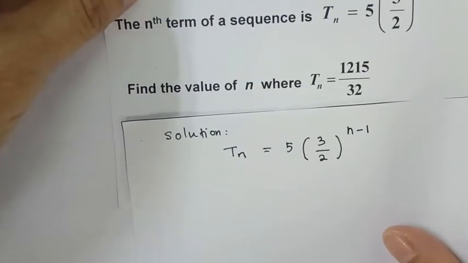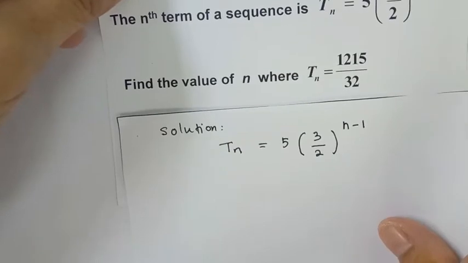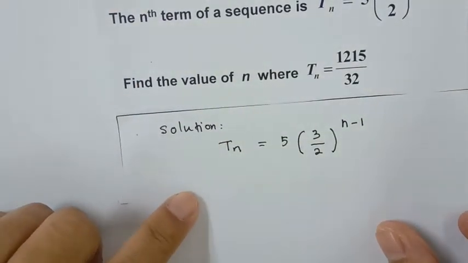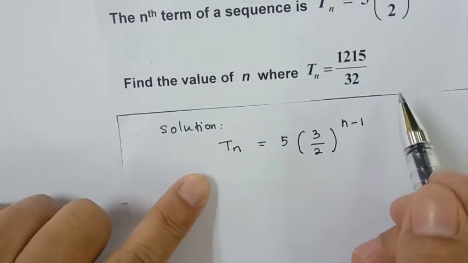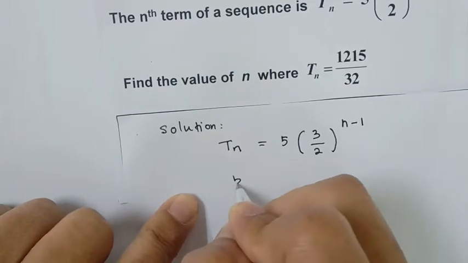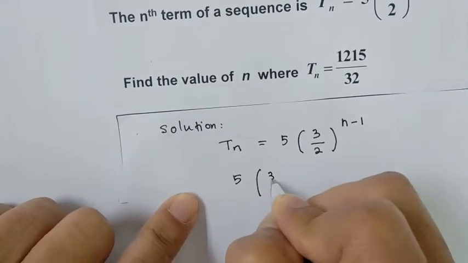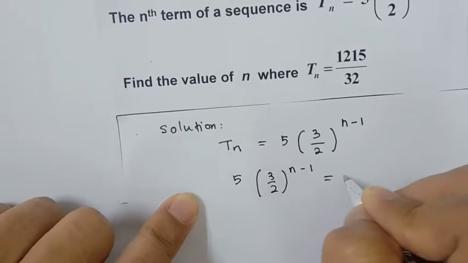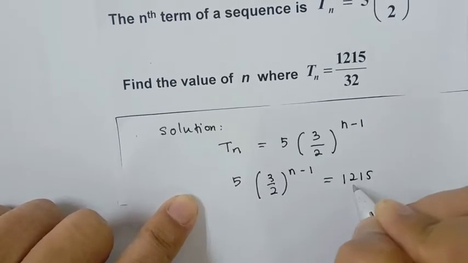Next, find the value of n where Tn equal to 1215 over 32. To find the value of n, substitute Tn. So 5 times 3 over 2 to the power of n minus 1 equal to 1215 over 32.